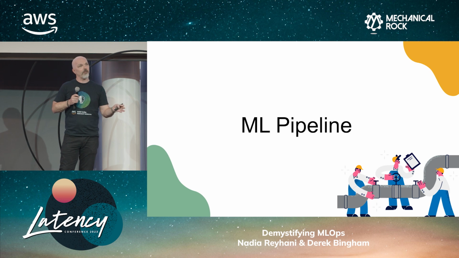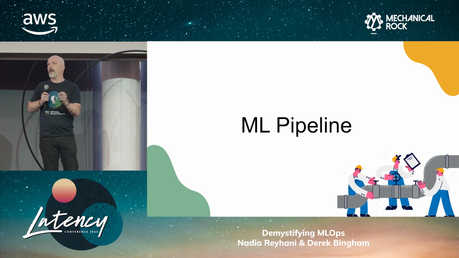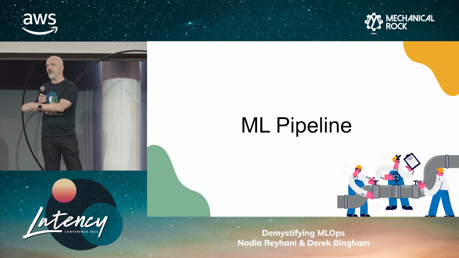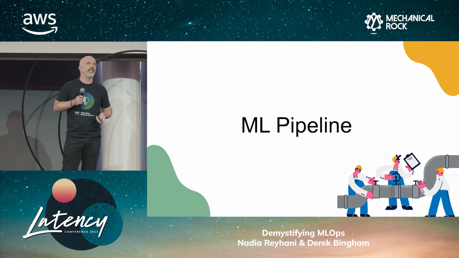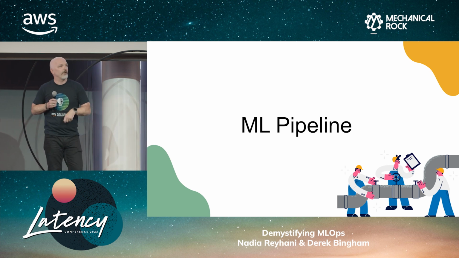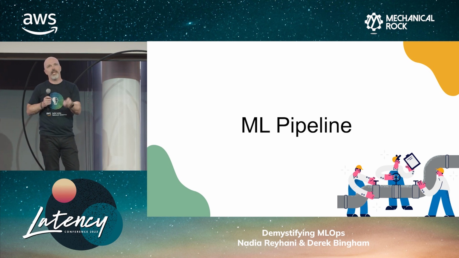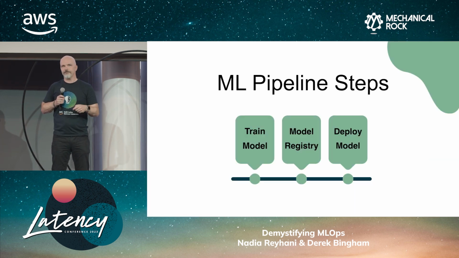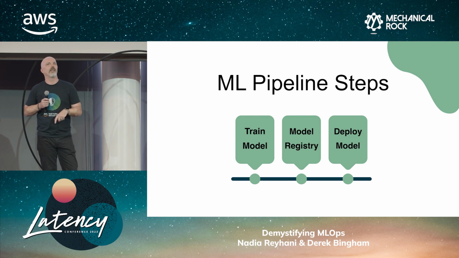So once you've thought about that, the next thing is building that pipeline. So building the start of that automate everything journey, and you do that using the ML pipeline, where you build, train, and deploy that model into production. So the steps of an ML pipeline can look like this. There'll be 3 steps.